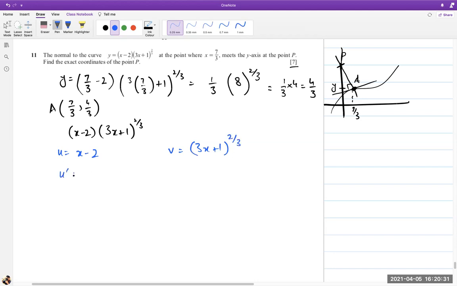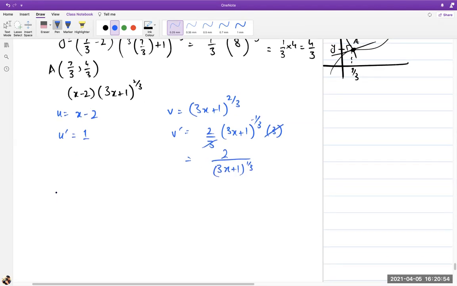And now I have to find u prime. So that is going to be 1, and v prime is going to be 2 by 3 times this whole thing to the power minus 1 by 3, times the derivative of the thing that's inside, which is 3. So 3 cancels out. And now I have 2 over (3x plus 1) whole power 1 by 3.